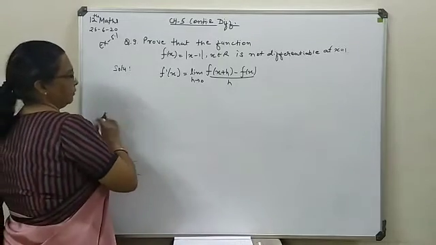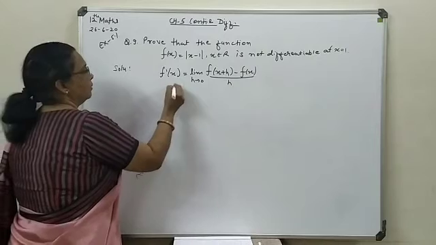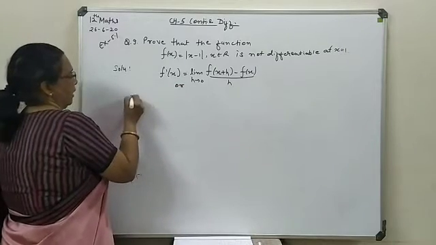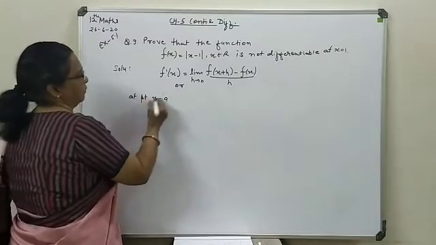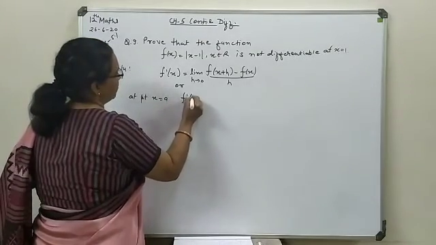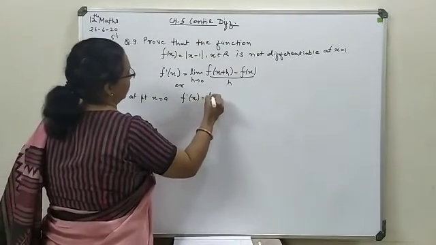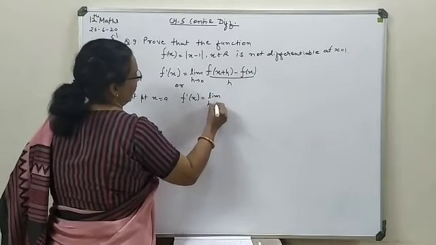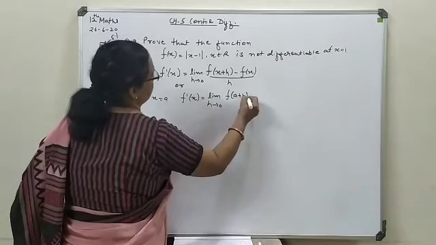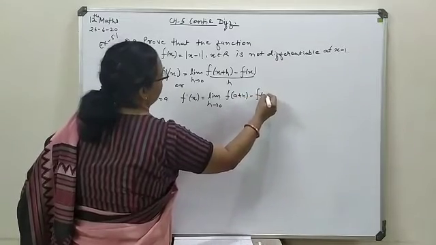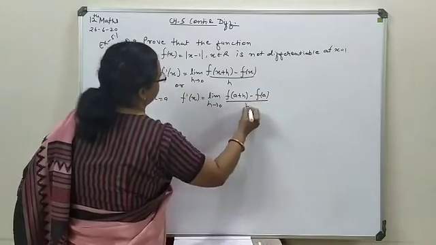So at point x equal to a, f dash x you can write as limit h tends to 0 of f(a plus h) minus f(a) upon h.